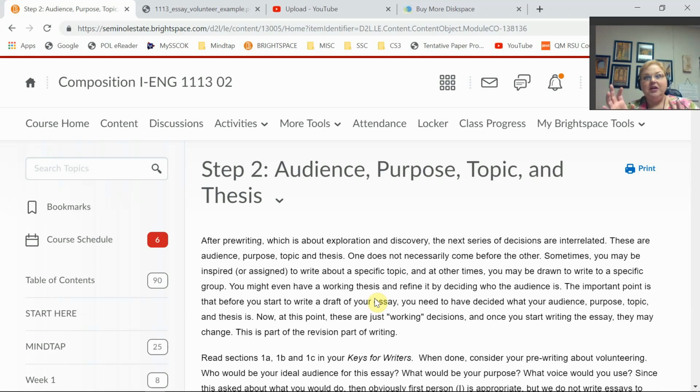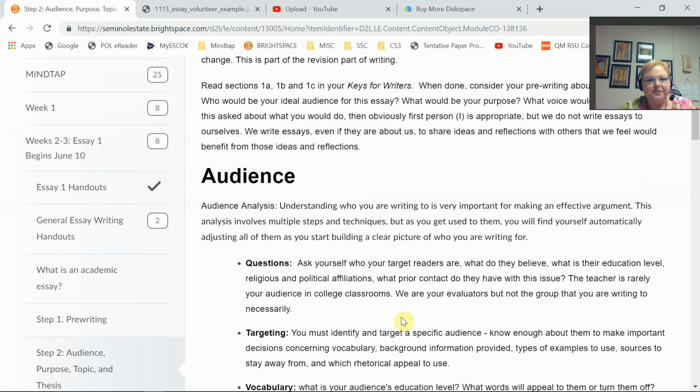If I know that's kind of my working thesis, then I can go back and figure, okay, so what is my purpose in saying this? Can I refine my topic any more than that? Who could I write this to? So it's kind of a juggling act, right? Some things will come before others. Some things will be assigned to you by the teacher. You just have to address the issue as it's given to you in class.